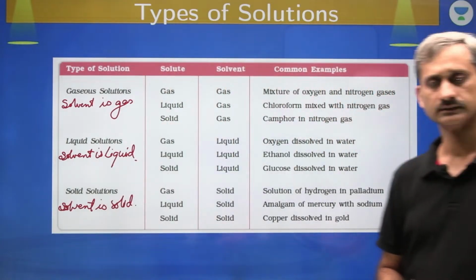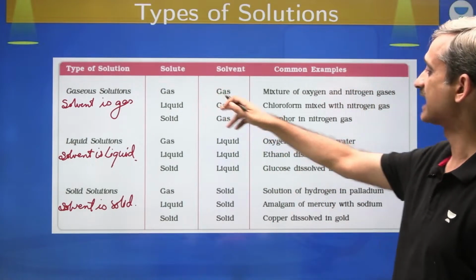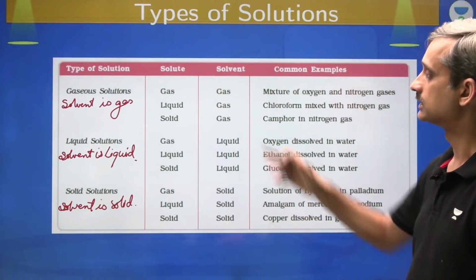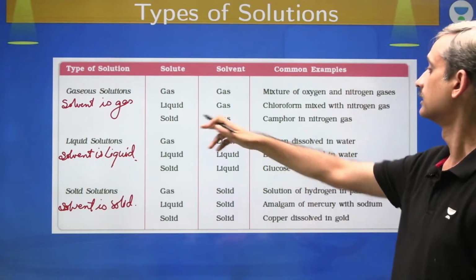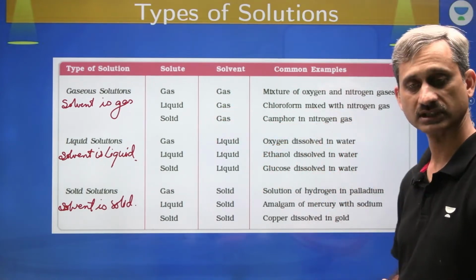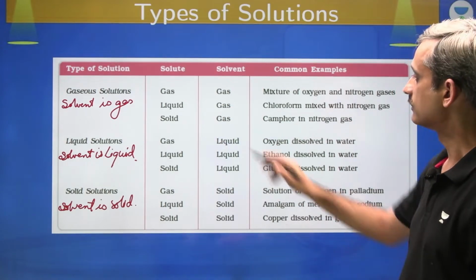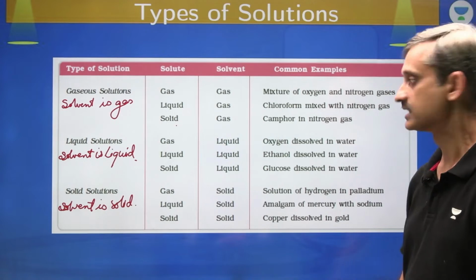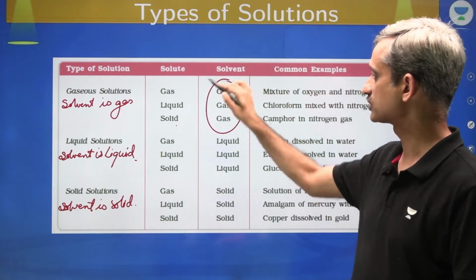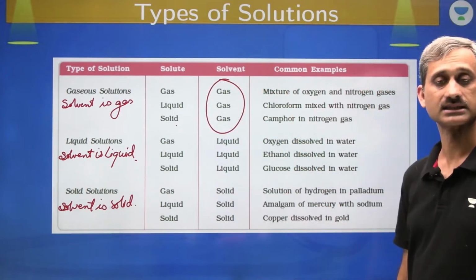Is this clear? So here we have gas-gas mixture, liquid-gas, chloroform with nitrogen gas, solid-gas, camphor and nitrogen gas. So here we have a solid as the solute and the gas as the solvent. The most important thing for a gaseous solution is that gas is the solvent.